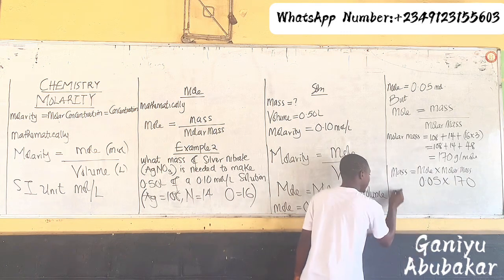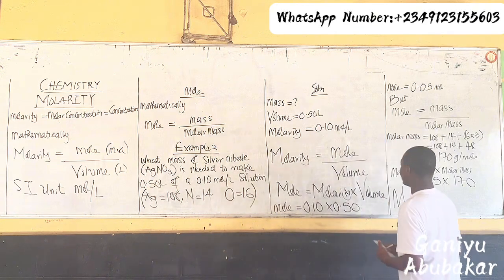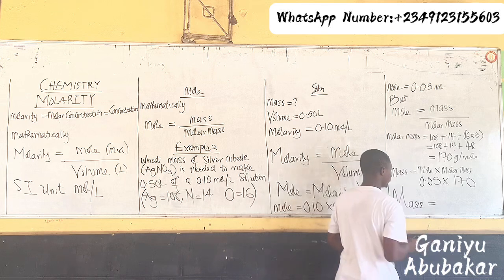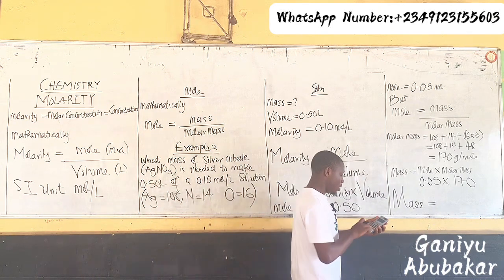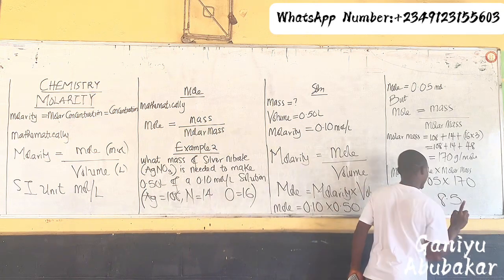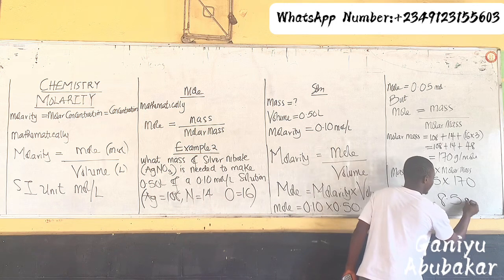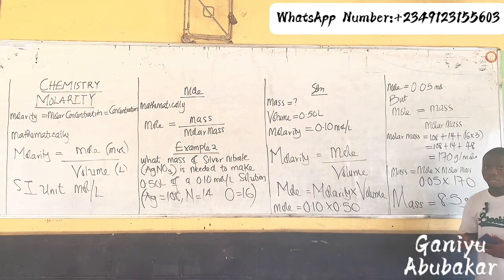So let's get the mass. The mass of silver nitrate will be equal to 170 times 0.05. This gives about 8.5. Of course, it's a mass measured in gram. So this becomes my answer to this particular question.